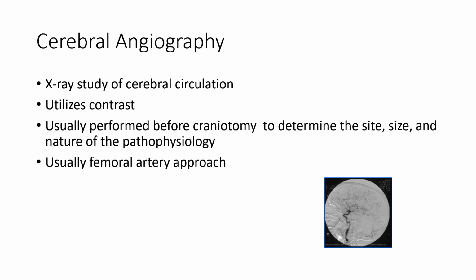And then sometimes you might see an angiography or arteriography before a craniotomy to determine where might the aneurysm be, where might the abnormal blood vessels be, where might the tumor be, that kind of thing. They will usually use a femoral approach, but more and more it seems we are using a brachial approach.